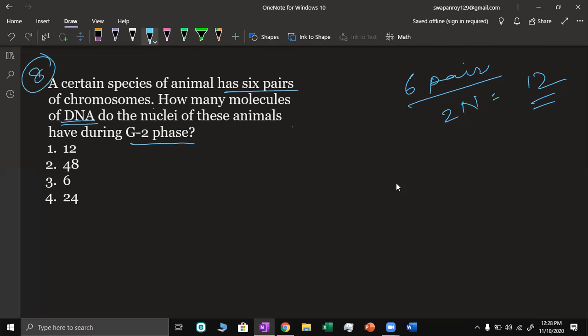You should remember that in a cell which is not dividing, one chromosome is equal to one molecule of DNA.